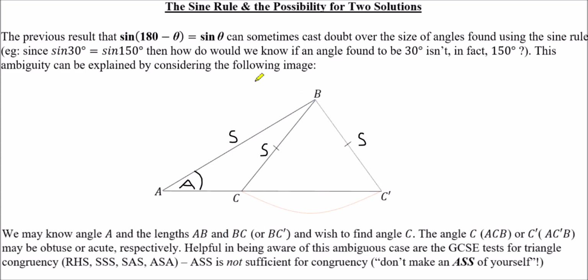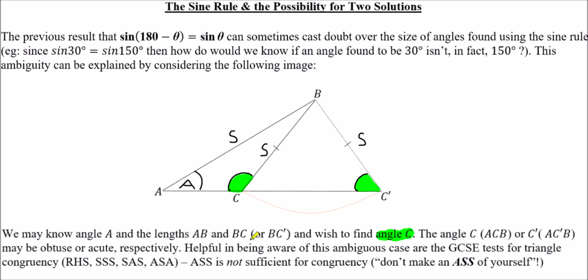If you have a look at angle C, then like I've said before, it is ambiguous whether we mean this angle C here, or that angle C over there. They're clearly very different. So the angle C, or C dashed, may be obtuse or acute respectively.